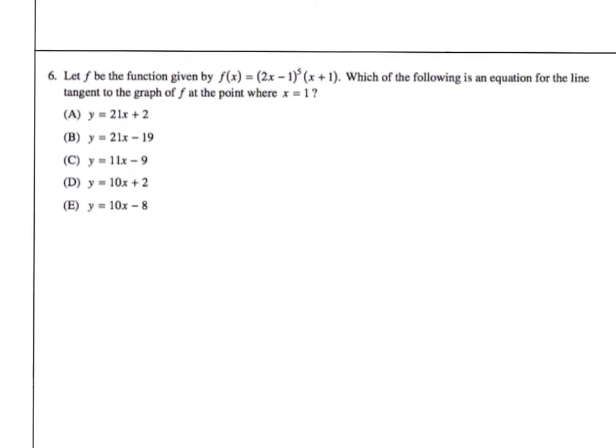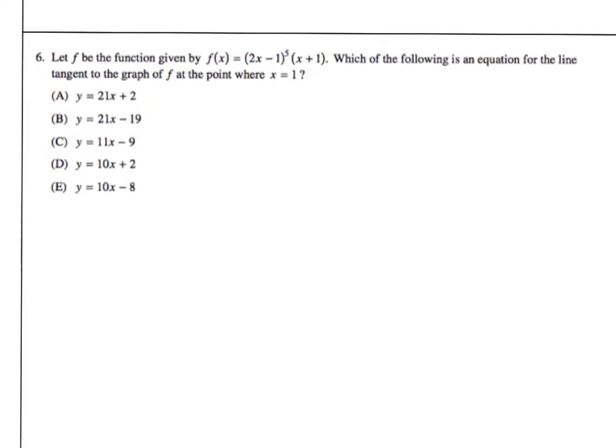For number 6, we've got a lovely product rule going on. It's going to involve a chain as part of that. So we've got a first and second function. Second function, x plus 1, times the derivative of the first, which is going to be 5 times (2x minus 1) to the fourth times 2 for the derivative of the inside, plus the first, (2x minus 1) to the fifth times the derivative of the second, 1.